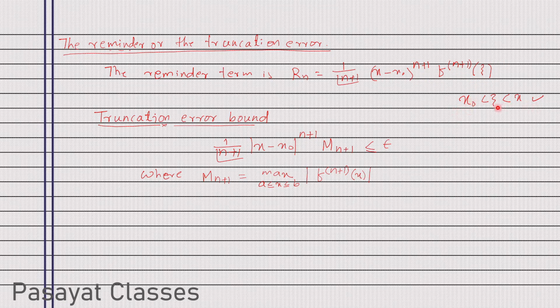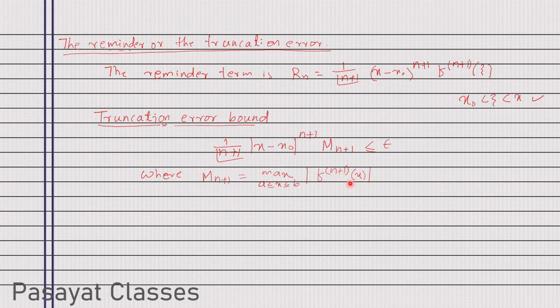Clear? Here the truncation error bound is 1 by (n plus 1) factorial into mod of (x minus x naught) to the power n plus 1 into M_(n+1), and this is less than or equal to epsilon. Clear? And this M_(n+1) is the maximum, for a less than or equal to x less than or equal to b. That means in this interval [a, b] we choose the value of x, and the maximum value is calculated by using f's (n plus 1)th derivative at x.